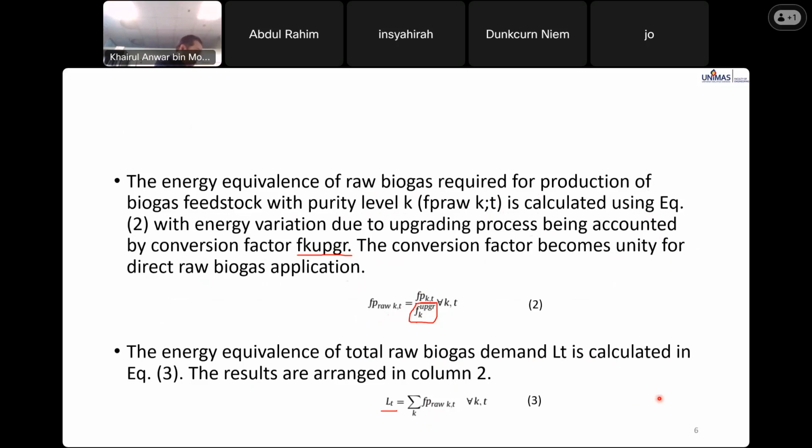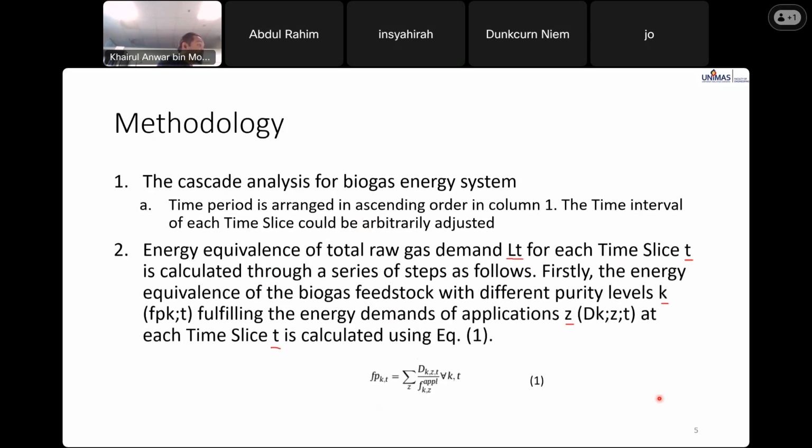So the first column of the gas system cascade analysis is the time slice. The second column is LT, the total gas demand. So how you calculate LT is from the previous equation, from FPO. So how to calculate FPO? You need to calculate FPKT.